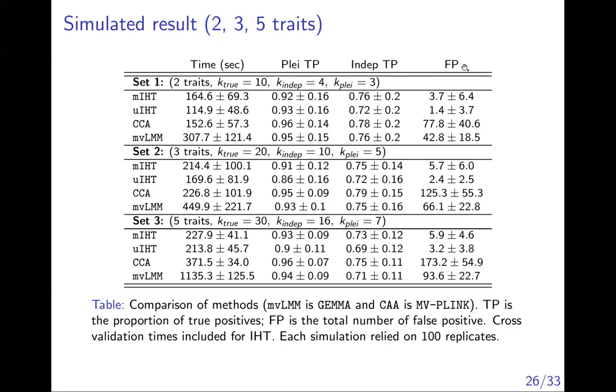And for the false positive rate, IHT is much better than all other methods, sometimes 10 or 100 times better. And the multivariate linear mixed model has fewer false positives than canonical correlation analysis, as it should. This is the main reason they tout their statistical performance.